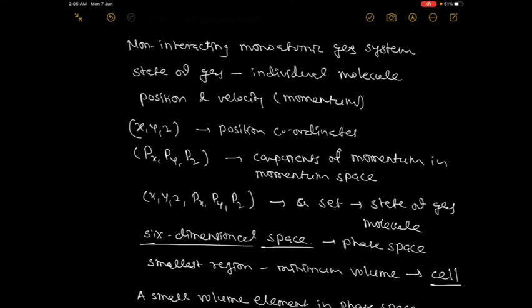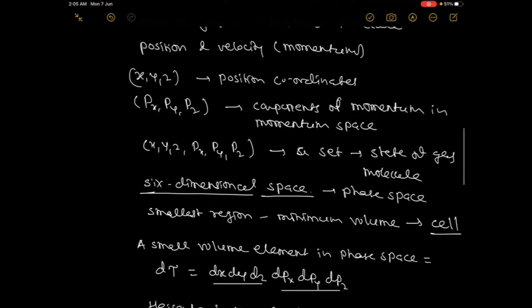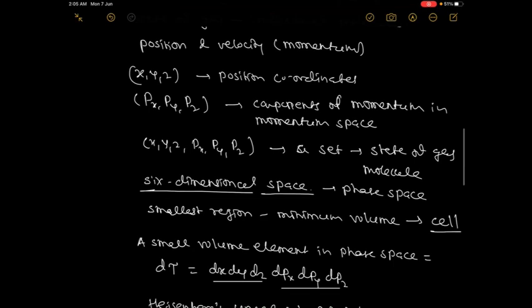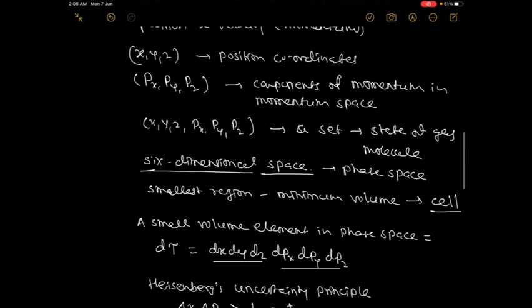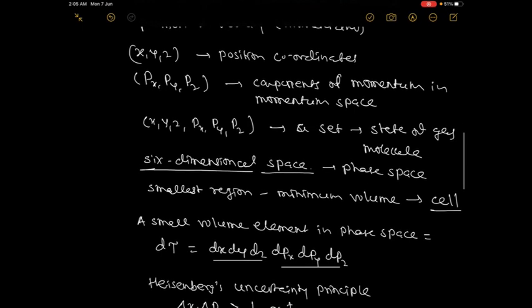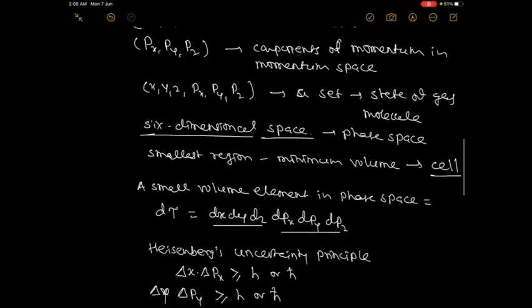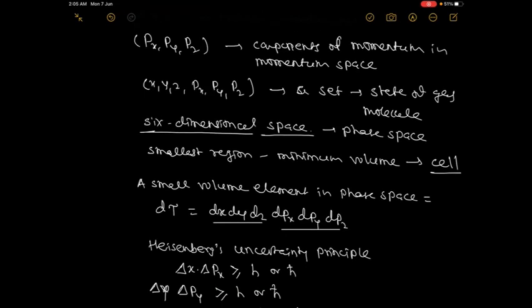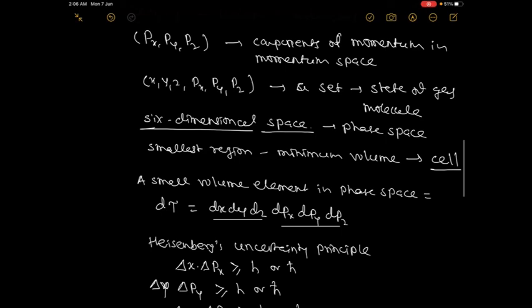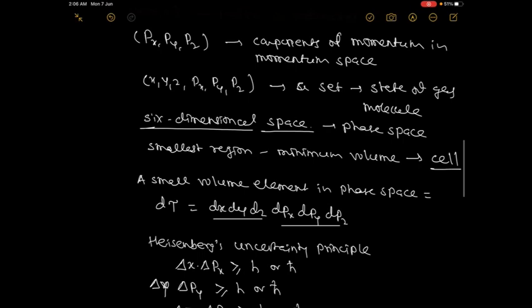Here in the phase space, we choose the smallest region which has very small or minimum volume. That region we call a cell. Hence, the volume of a cell in the phase space, denoted by d tau, is the product of differentials dx dy dz, which are very small as compared to the dimension of the system, and differentials dpx dpy dpz, which are also small as compared to the limit of the momentum space.